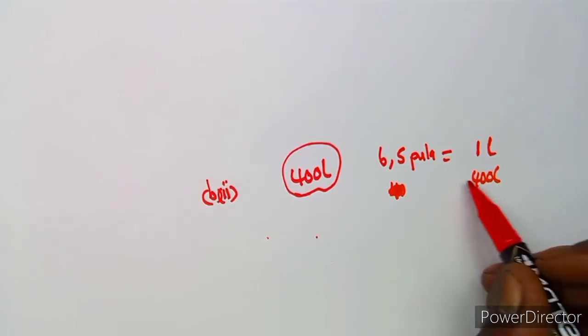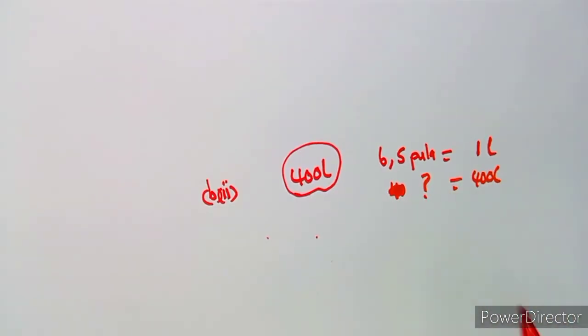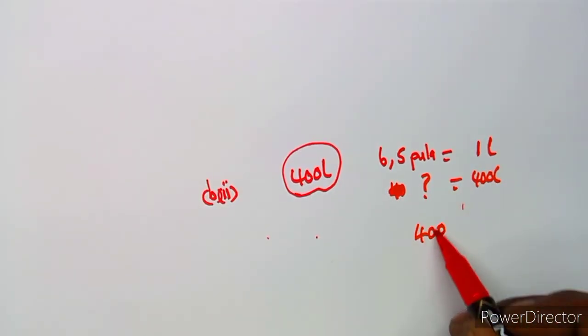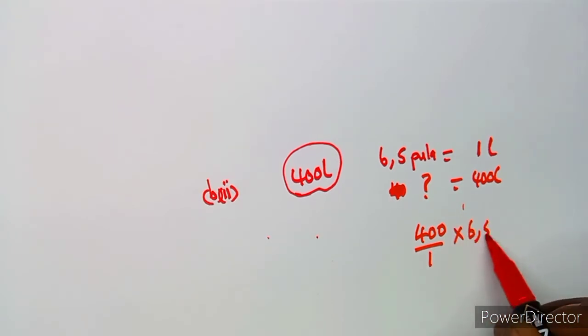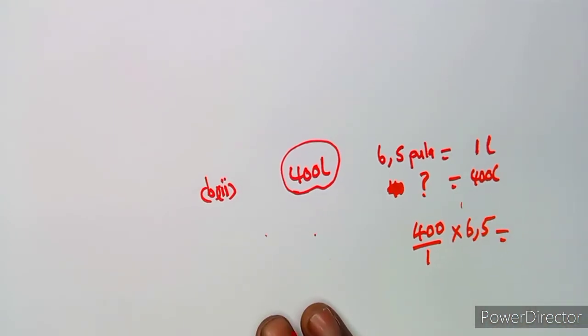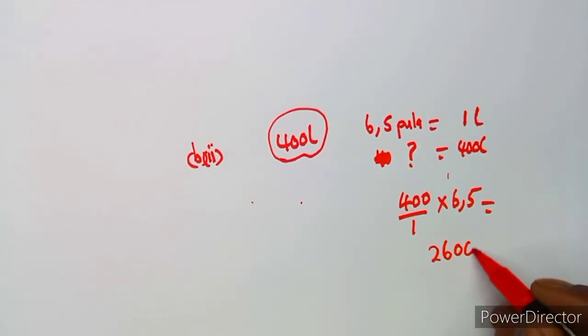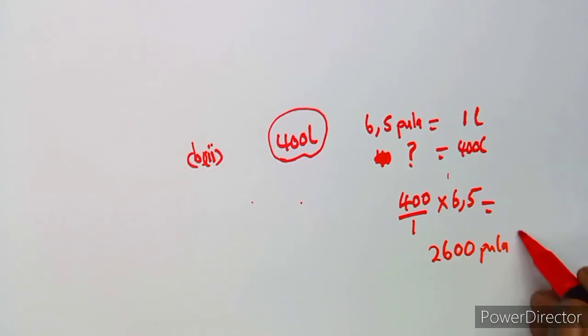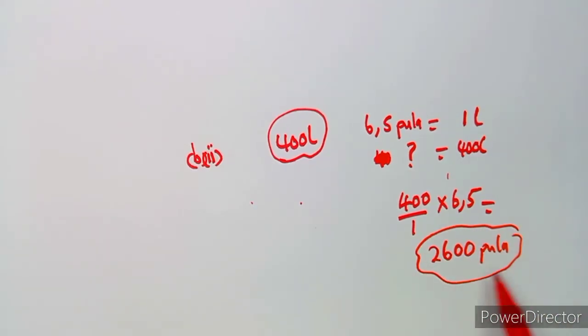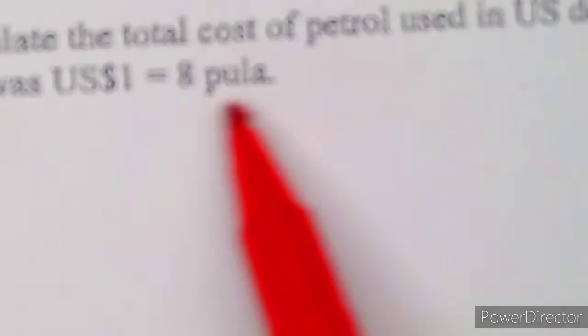What is it going to give us in terms of pula? It's just 400 over 1 times 6.5 pula, and this is going to give us 2,600. So 2,600 pula.